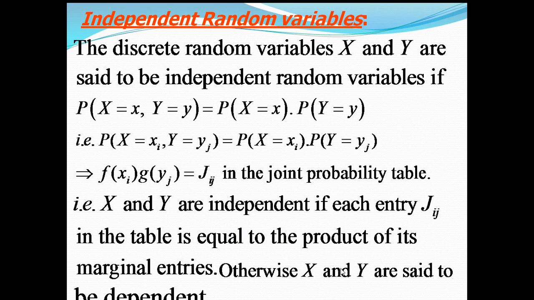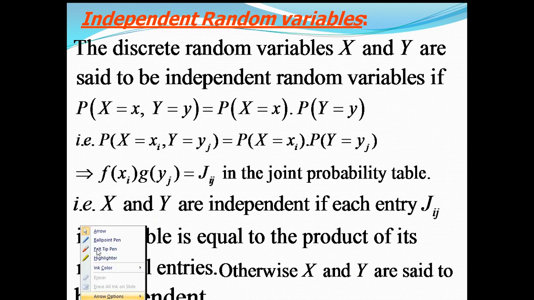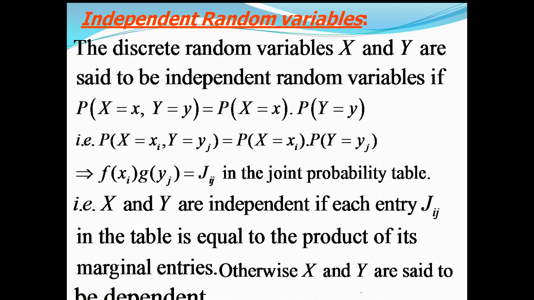To check whether the given distribution has independent random variables, we have to check whether the product of the marginal distributions is equal to the joint distribution. If I take i equal to 1 and j equal to 1, that becomes f(x1) into g(y1).